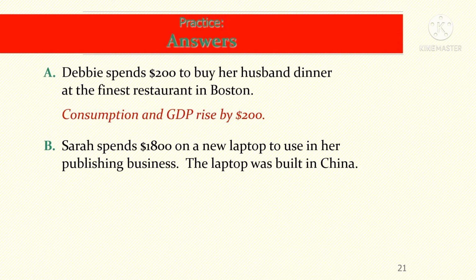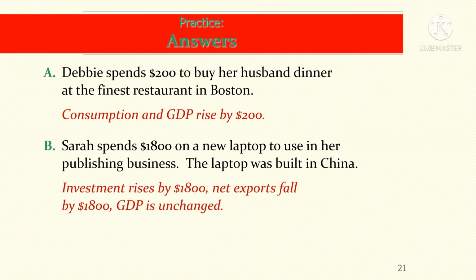The laptop was built in China. Sarah has a business. And in here, the laptop is the equipment or input in her business. But take note, laptop was built in China.